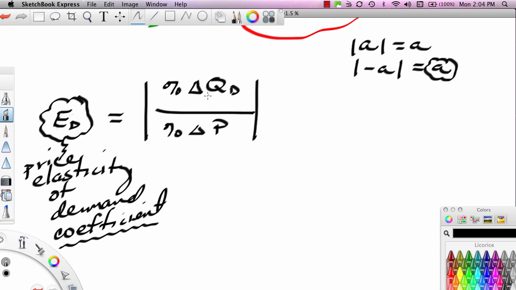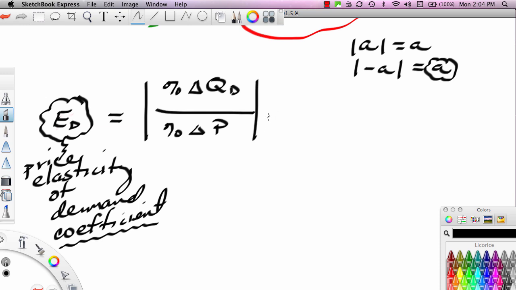Q goes up. So the change in Q would be positive, the change in P would be negative, and again, positive over negative is a negative. So you always get a negative number when you compare the percentage change in QD to the percentage change in price. So we put the absolute brackets on here to get rid of that negative outcome. We're interested in the size of the outcome, not the sign. We already know the sign will be negative.